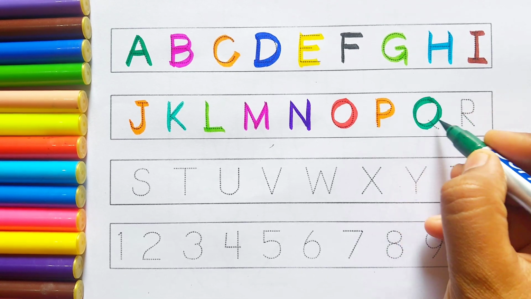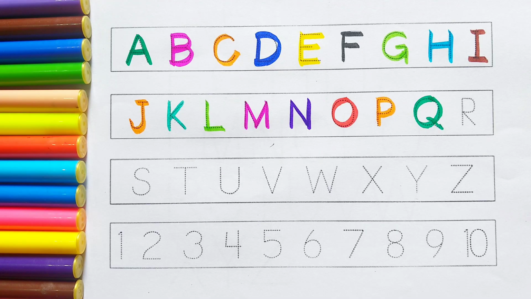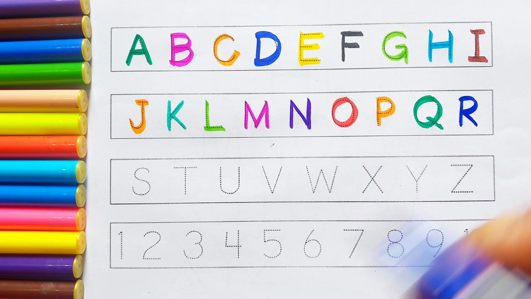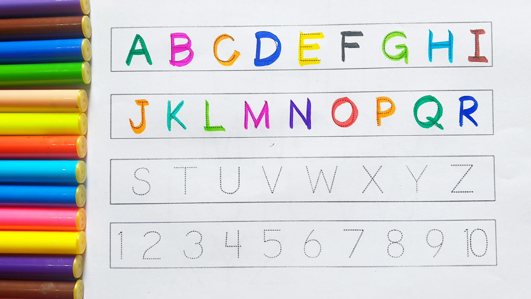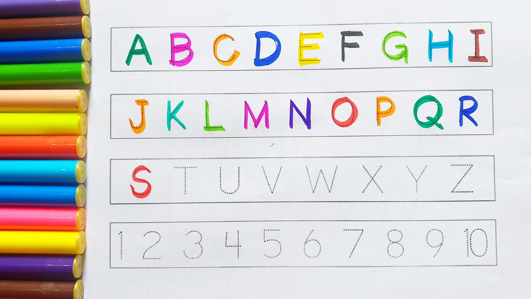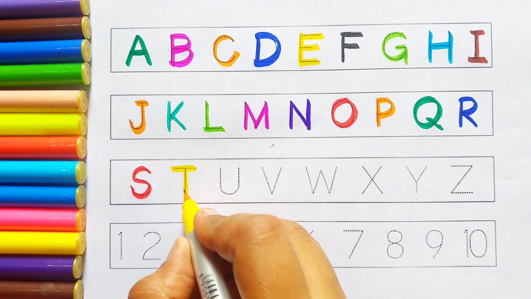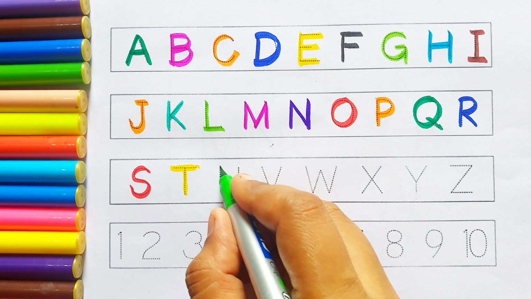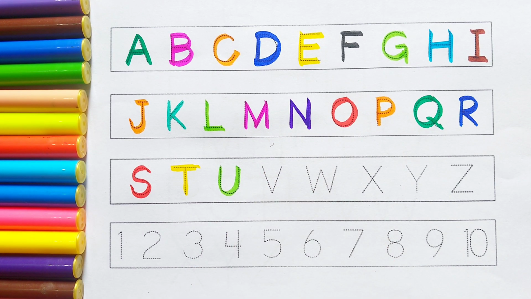Q for quail. R for rabbit. S for sun. T for tree. U for umbrella.